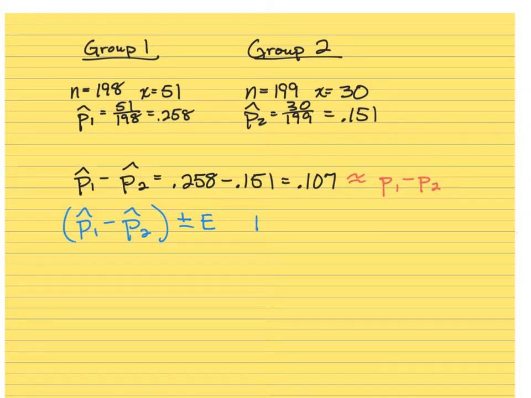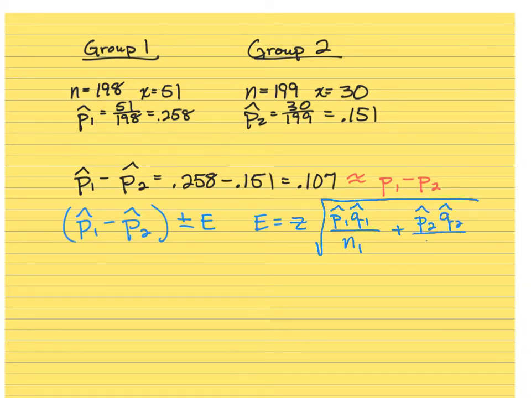The error formula, and that's the thing that has always been different for us, is the z-score associated with our confidence level times the square root of P1 hat Q1 hat over N sub 1 plus P2 hat Q2 hat over N sub 2.